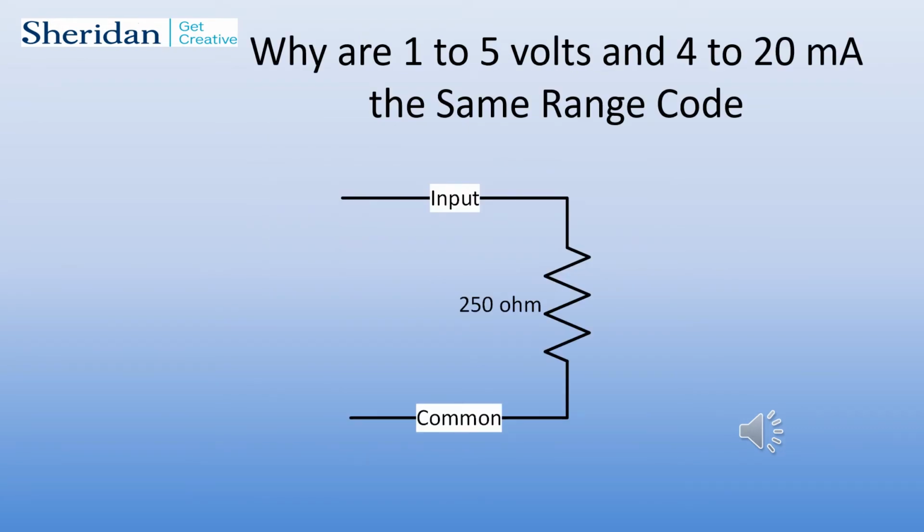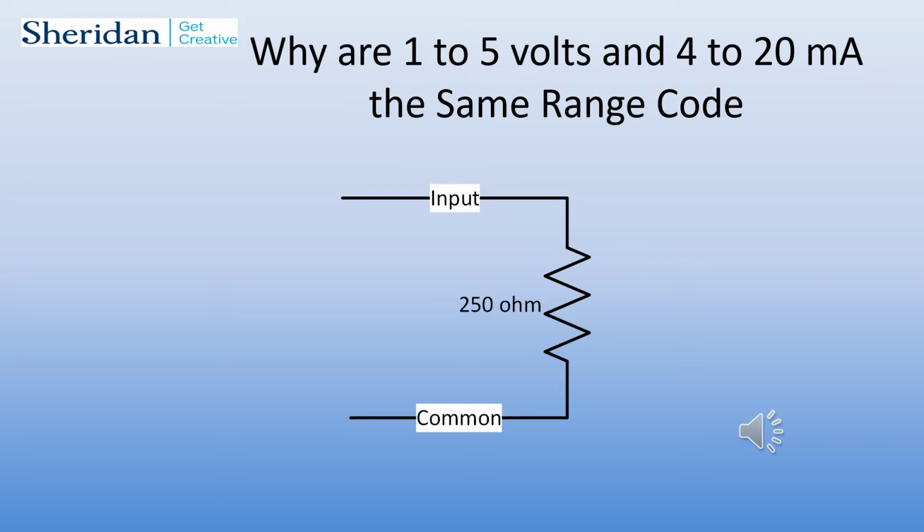You probably noticed by the range code chart that both the 1 to 5 volt and the 4 to 20 milliamp signal have the same range code. The reason is that on the input to this analog module from the real world is a 250 ohm resistor. So if I have 4 to 20 milliamps flowing through that 250 ohm resistor, if you do Ohm's law, you'll find that it generates a 1 to 5 volt signal.